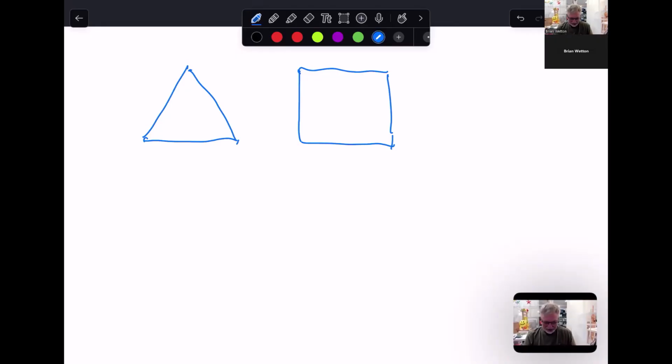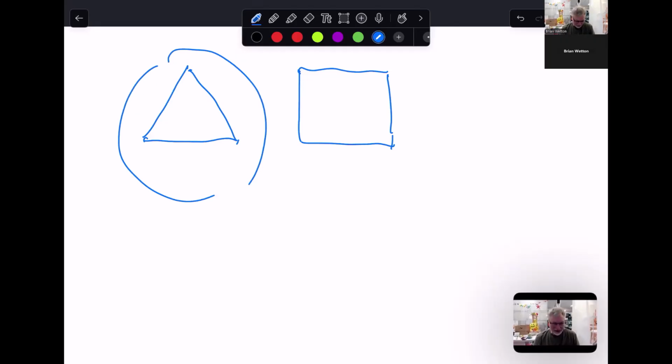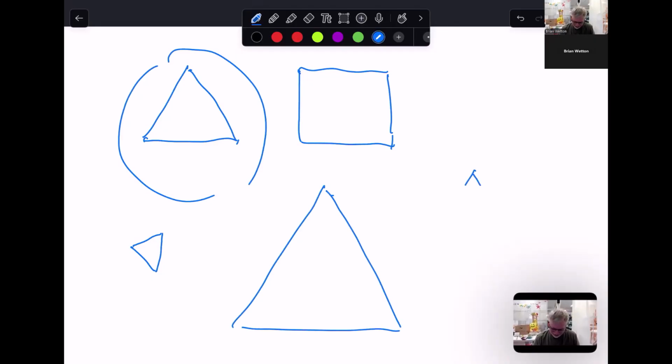And these shapes are unique given the number of sides. And this is an interesting statement in the sense that I can consider this triangle, and I can draw another equilateral triangle over here, and I can draw a bigger one over here, and maybe a tiny one, and an even tinier one here.